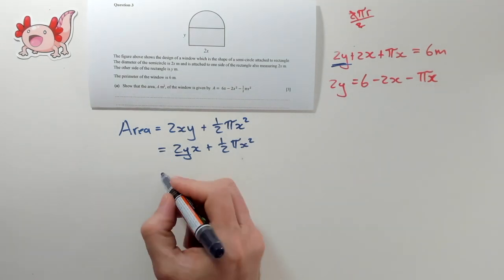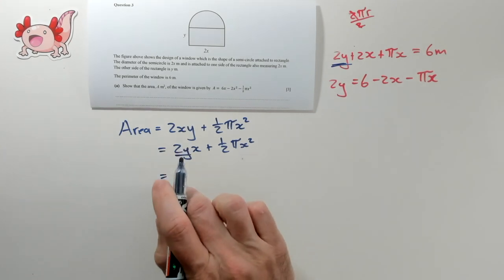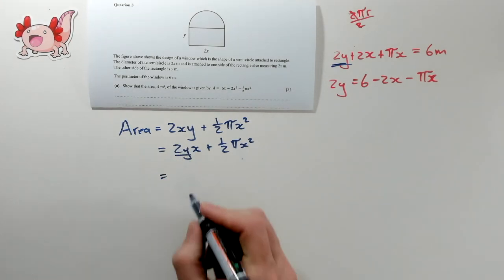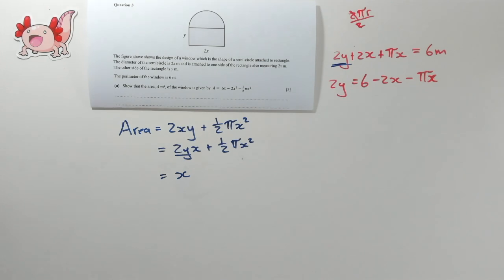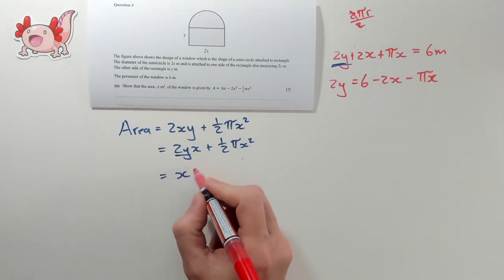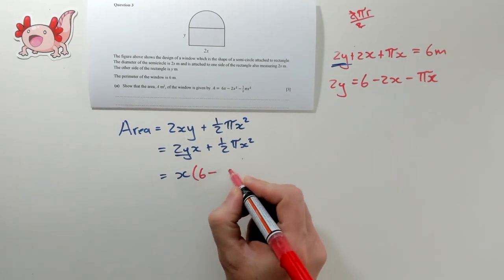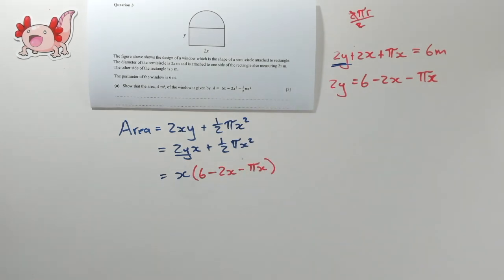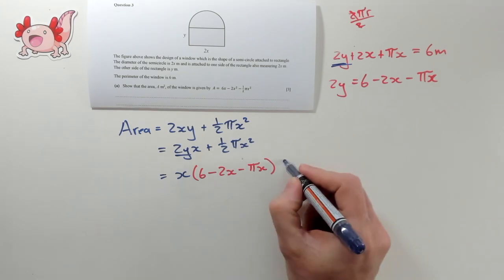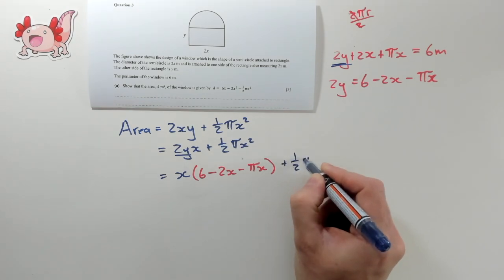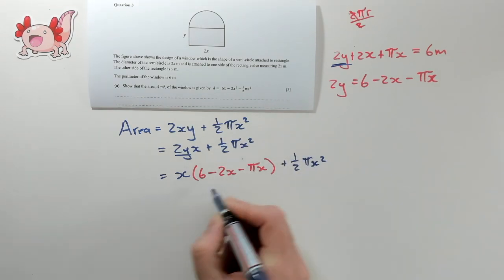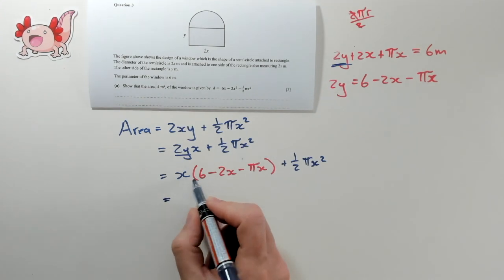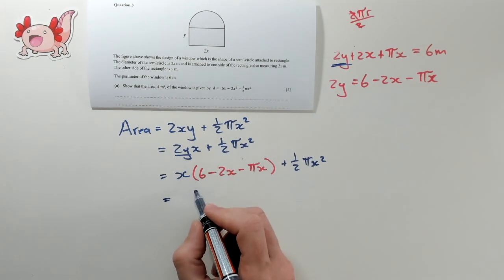Let's do it nicely color-coded. So, oh no, wait. The 2y, I'm going to write the x in front. And then x times the 2y, which would be 6 minus 2x minus pi x. And then plus the pi x squared. And now I'm just going to multiply or expand the brackets.